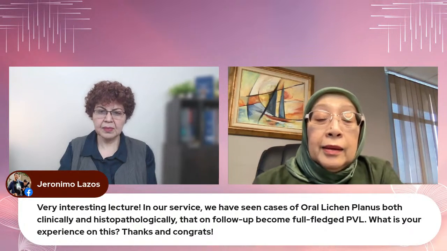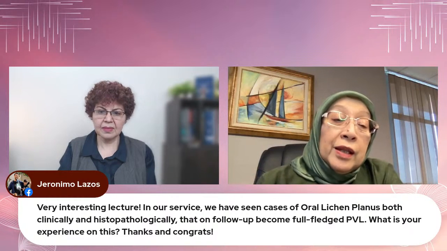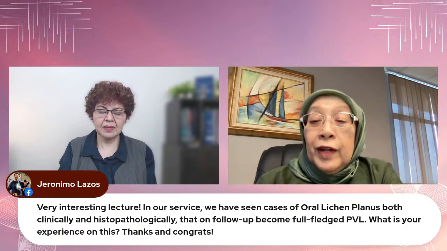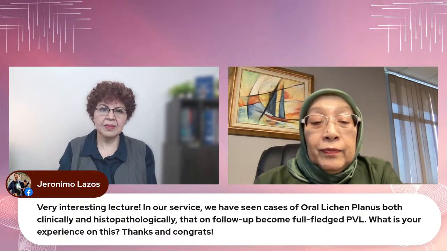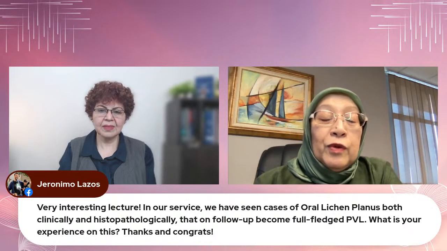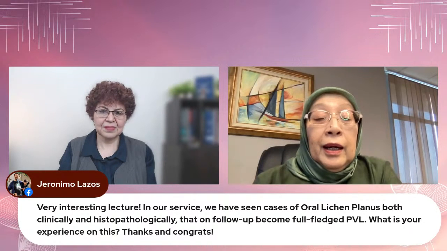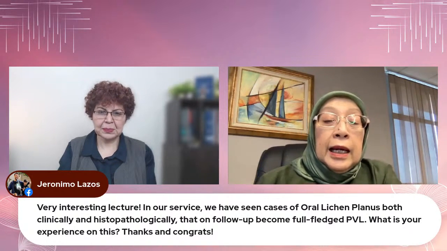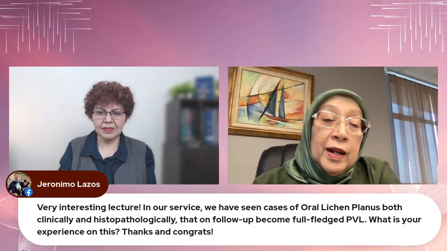So until we actually have a starting point of lichen planus, and then it becomes a full-fledged PVL. Yes, I think that's what you have. It's from lichen planus to PVL. But otherwise, if it is a mixed number of lesions with some areas showing striae, I think we need to be careful about diagnosing that as lichen planus becoming full-fledged PVL.